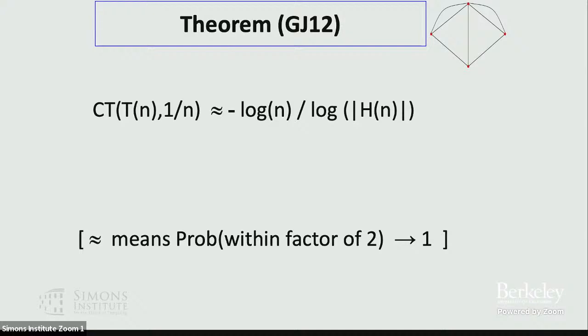Then another theorem is the consensus time is within a factor of 2, with a probability going to 1, of log n over log of the homophily. I mean, minus it, because this is a number smaller than 1. So the log of the homophily actually tells you something about what the consensus time looks like.